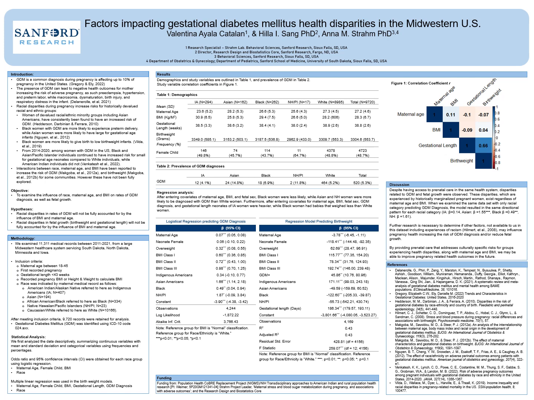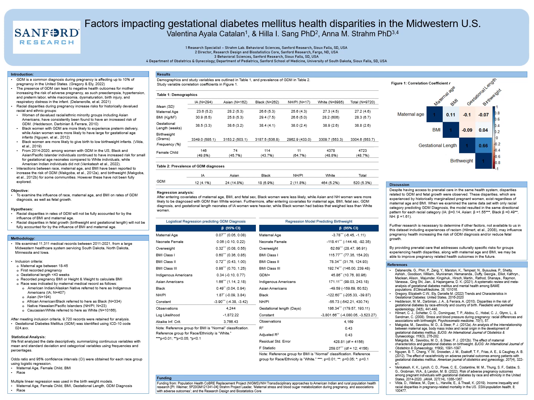We then used linear regression to predict birth weight for each racial group in which maternal age, BMI, gestational diabetes diagnosis, sex of the neonate, and gestational length were entered as covariates.